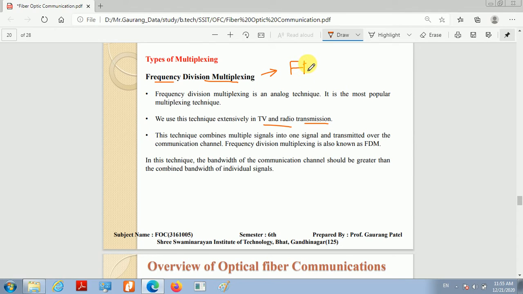And very important to note, in this technique, the bandwidth of the communication channel should be greater than the combined bandwidth of the individual signals. This is a very important point to note down over here.